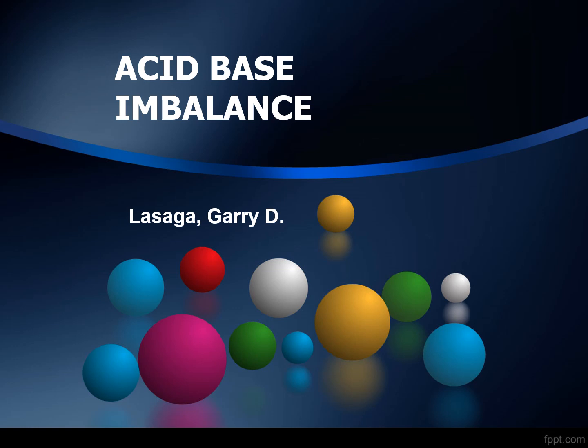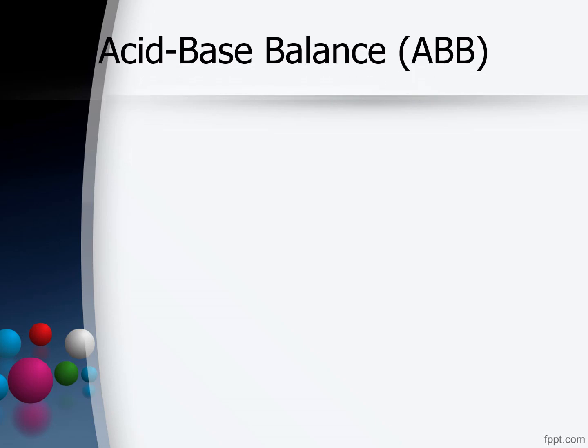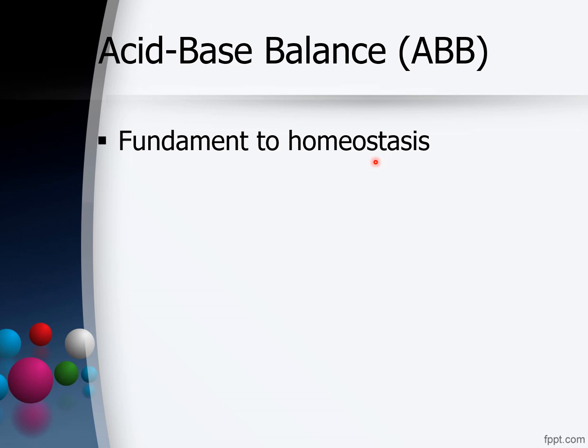So welcome to our discussion on the acid-base imbalance. Before we discuss fluid therapy, let us first have an introduction to the theories of acid and base imbalance. It is said that the acid-base balance is fundamental to physiologic homeostasis.